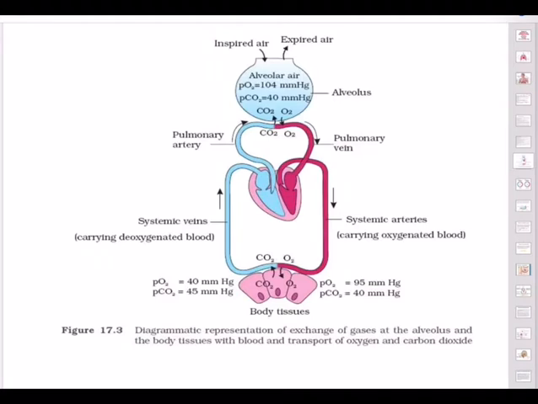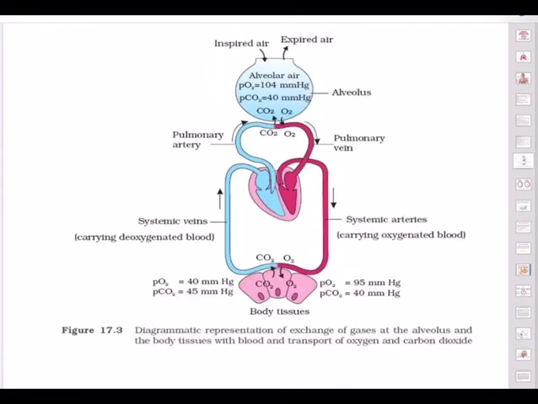And in the lungs, when it comes, the partial pressure of carbon dioxide has to be 40 mmHg, and then only it gets out of our body as expired air. So this is the main principle involved in exchange of gases. Breathing basically takes place with the condition that partial pressure of oxygen and carbon dioxide should be maintained.